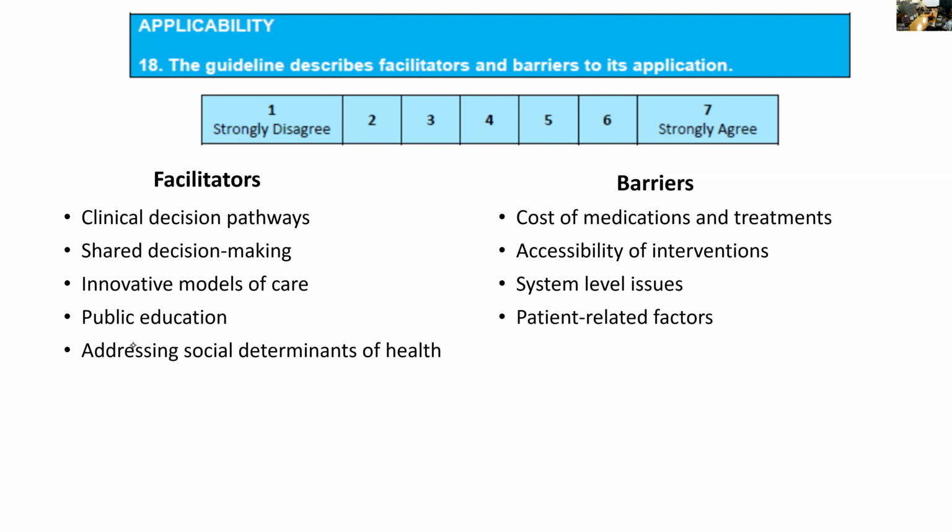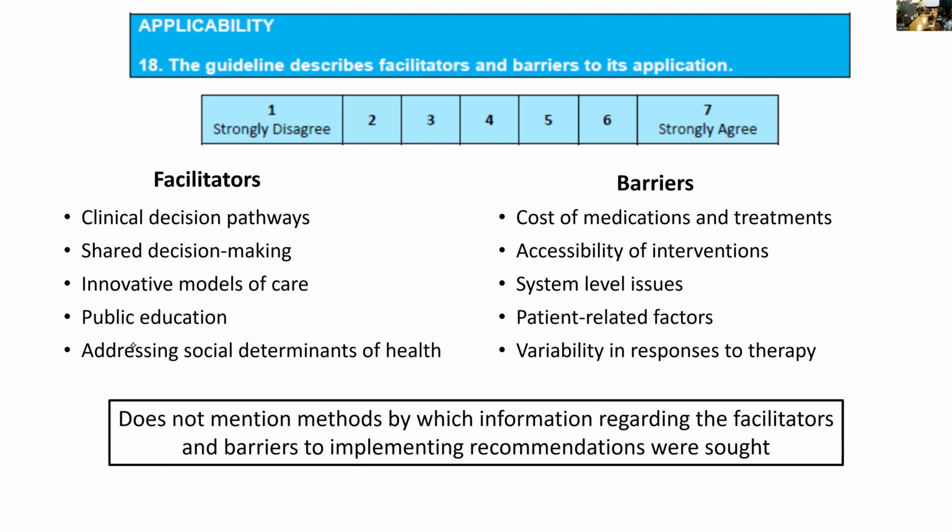So there may be a pharmacological difference in clopidogrel resistance between different groups of people, variable responses to therapy. So, like I said, it does not mention the methods by which information regarding the facilitators and barriers to implementing recommendations was sought. They mentioned these were the problems and the good things, but how they identified this and how they are going to address this is not mentioned. So I had given them a 5.